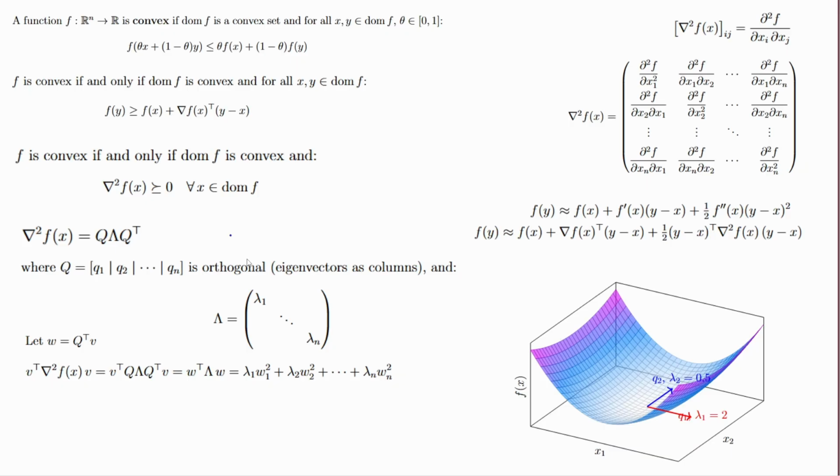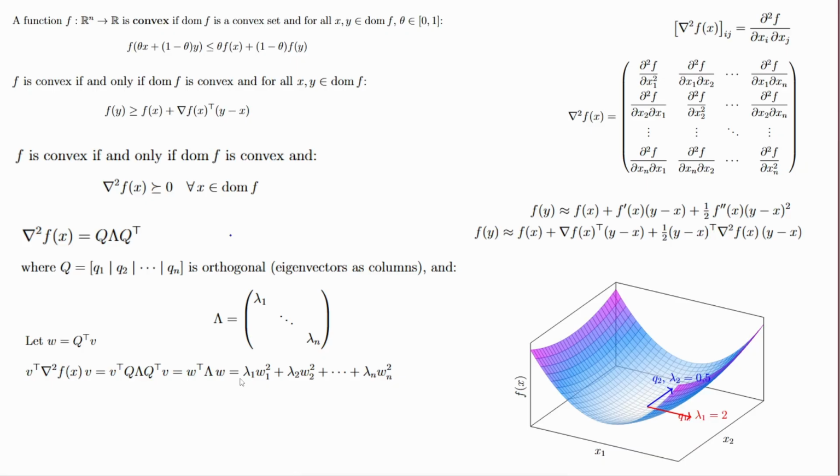That's important. To see this concretely, plug the decomposition into the quadratic form. Let's first let w equal Q transpose v, which is just v expressed in the eigenvector coordinate system. We plug in the expression for the Hessian, substitute w in here, and we can rewrite this as follows. For this sum to be non-negative for every direction v and for all w, you need every eigenvalue, these lambdas here, to be non-negative.